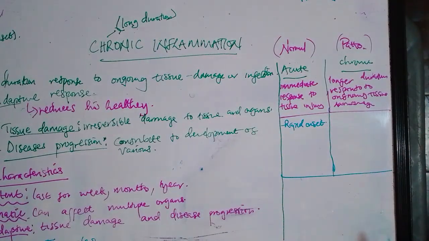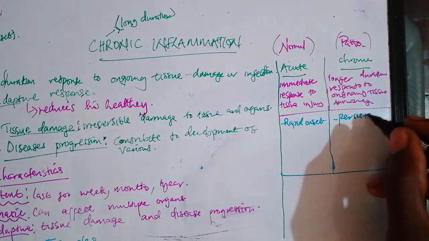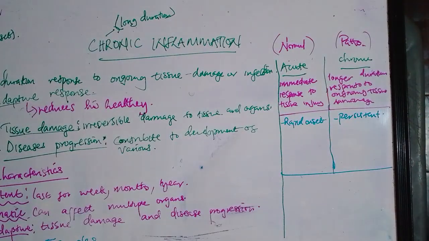Then when we talk about chronic, this is persistent. So this is how you can be studying. You know that acute is rapid, chronic is persistent, it lasts for weeks, months, years. Rapid only lasts for minutes to hours.